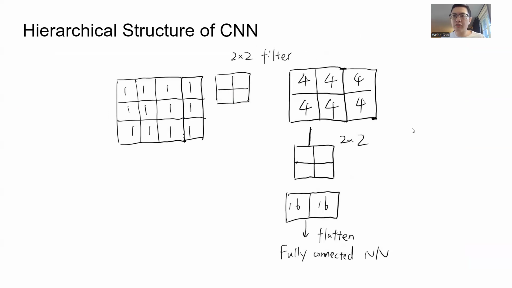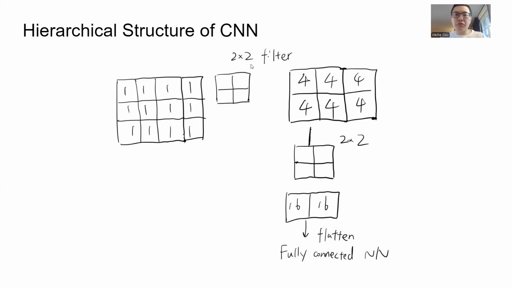And so why do we need multiple Conv2D and max pooling layers? The reason is here. Suppose in the initial part we have the initial information, and each grid is just a number, like the value of a feature.